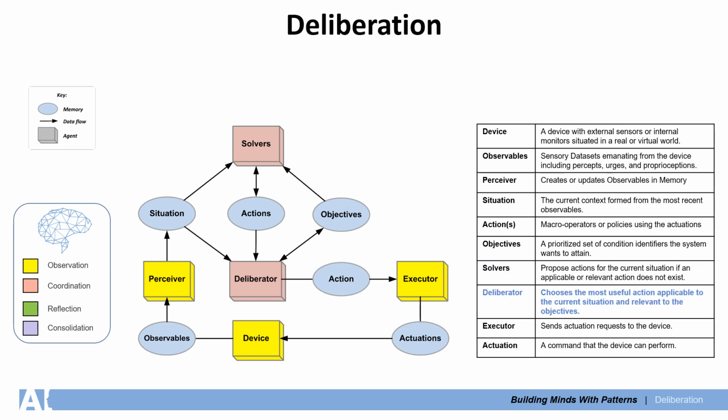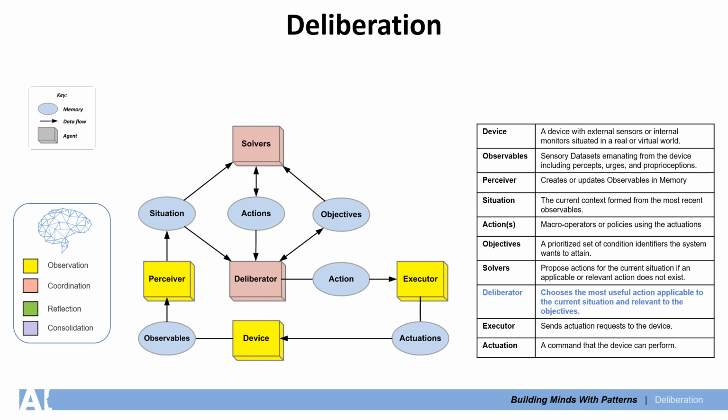The deliberator selects the most appropriate action which is both applicable to the current situation and relevant to the current objectives. The deliberator may be a coded system, rule-based system, or even a neural network. Each action should have a context which is matched against the current situation to determine the action's applicability.